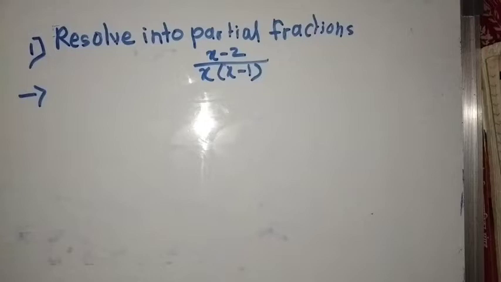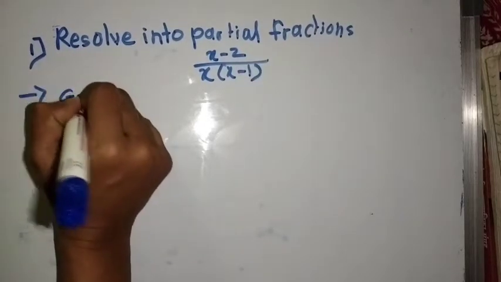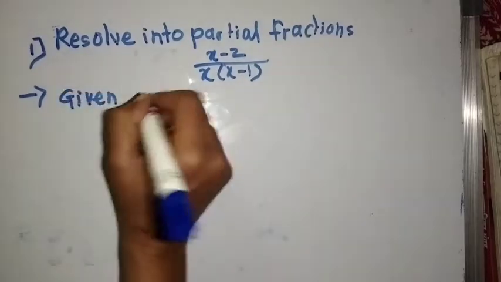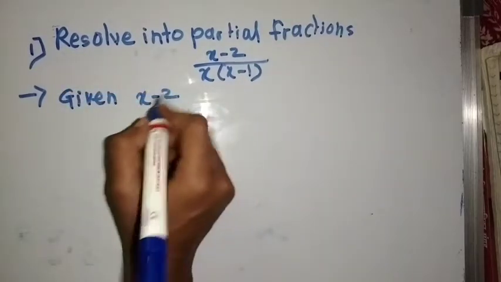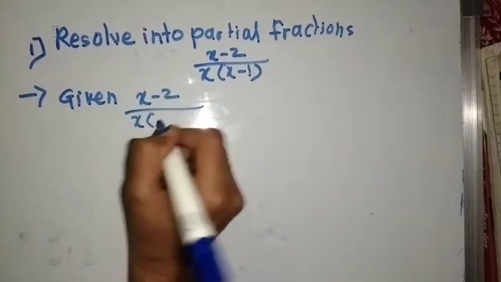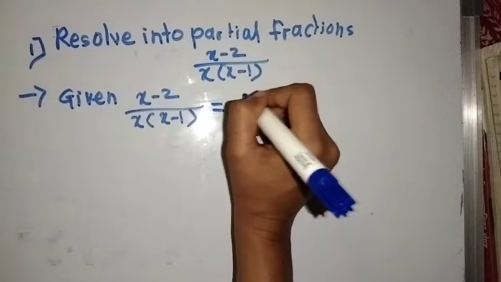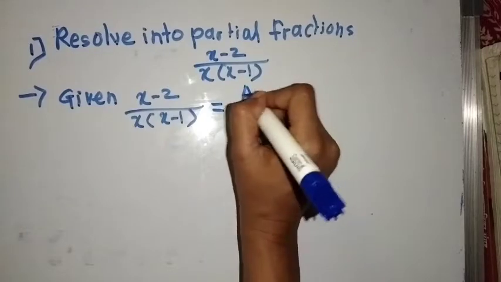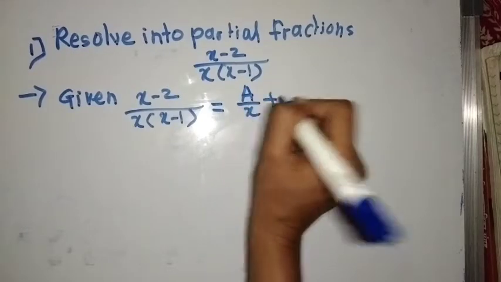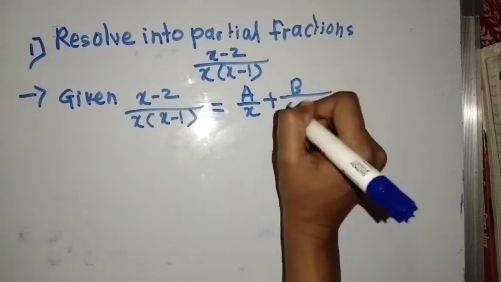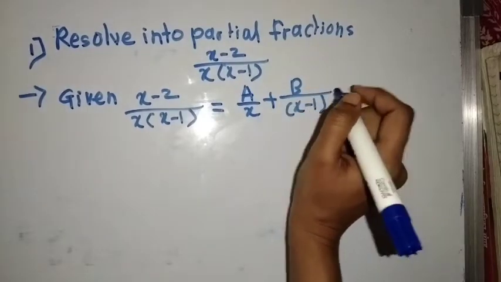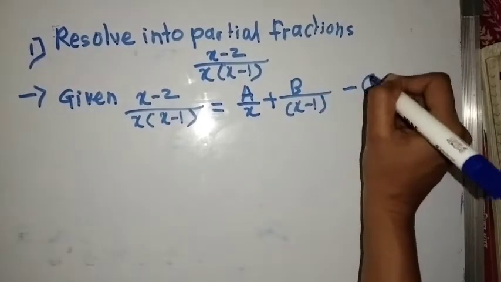Given: (x minus 2) upon x(x minus 1) is equal to A upon x plus B upon (x minus 1). This is the first equation.